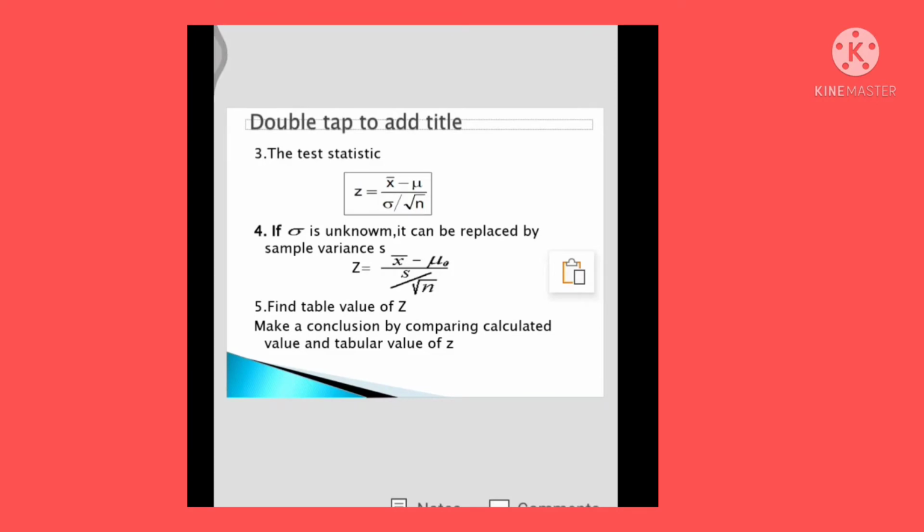The third step is the test statistic formula: Z equal to x bar minus mu naught by sigma by under root n. If sigma is unknown, it can be replaced by the sample standard deviation S, then the formula changes: Z is equal to x bar minus mu naught divided by S by under root of n.